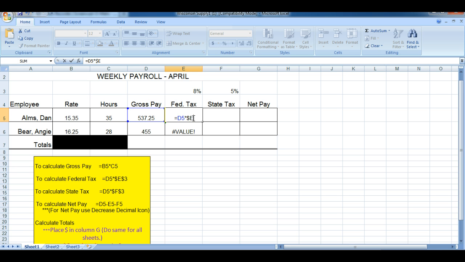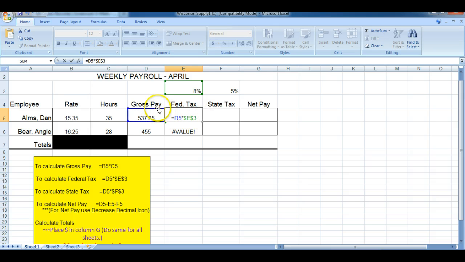But we need to give it a cell location. So again, we're going to use the dollar sign. And notice that 8%, or whatever percent we're using, what row is that 8% in? It's in row 3. So you're going to key in the number 3. Now there's something else I want you to notice.